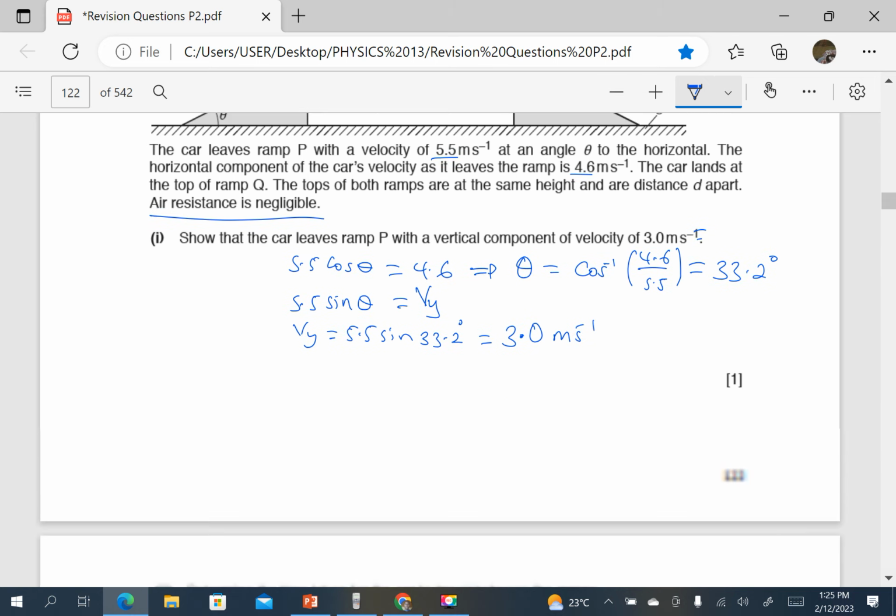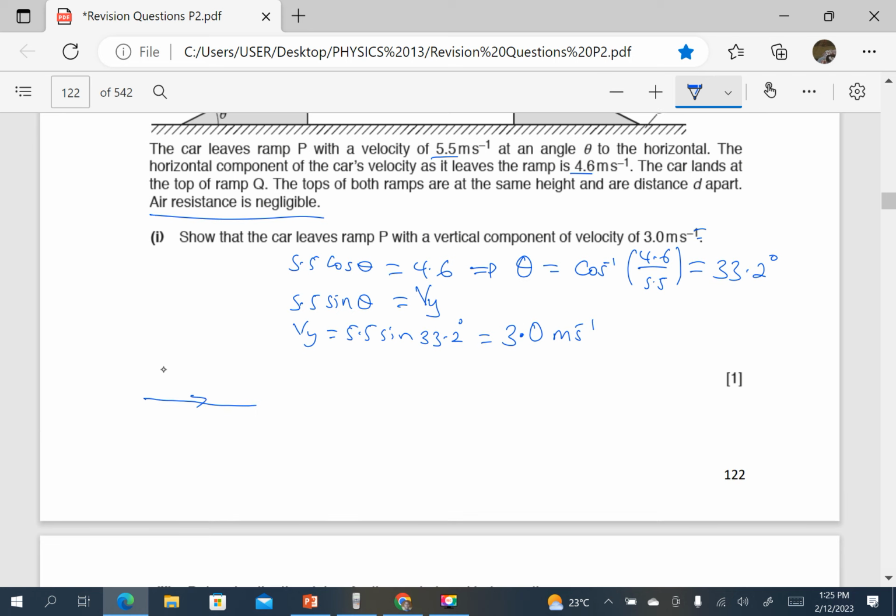By the way, we can alternatively find this. If the horizontal component has been given as 4.6, this is another method. We have the resultant velocity of 5.5 at an angle theta, and we want the vertical component, V in the vertical, pointing upwards. So we can use Pythagoras theorem. 5.5 squared is equal to 4.6 squared plus V in the y squared.